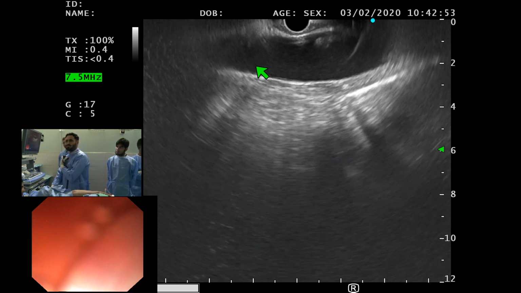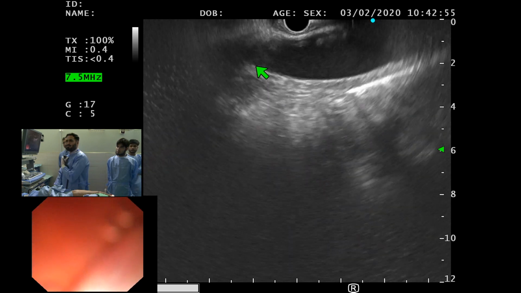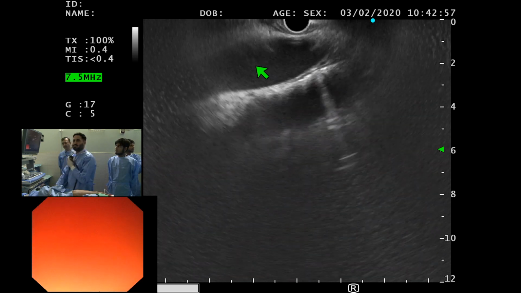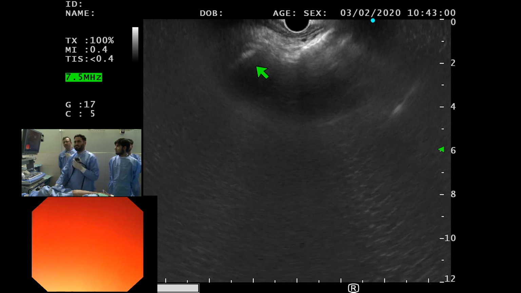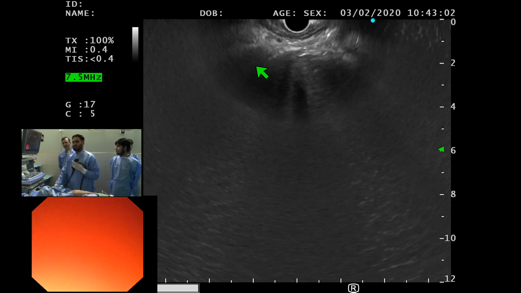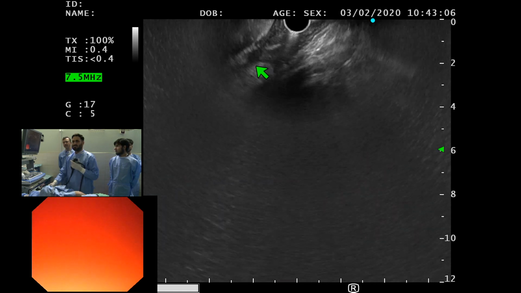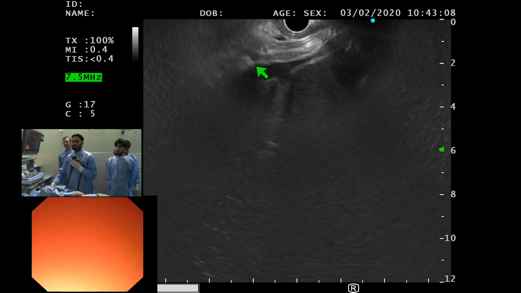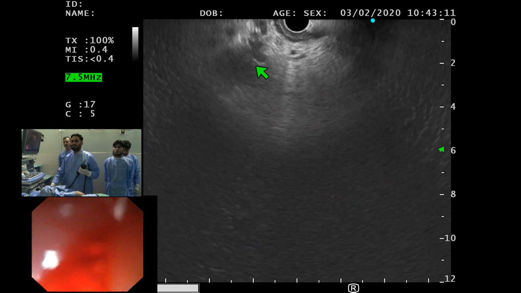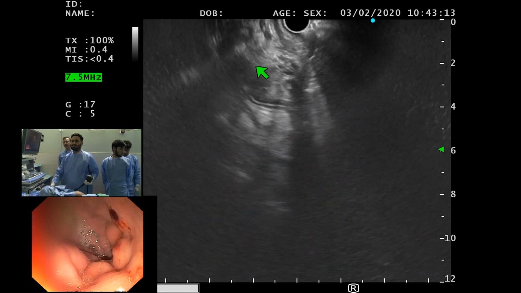Go ahead. Slide along. If you're feeling that you're stuck in the hiatus, just cross the hiatus, find something which is recognizable, and then according to that recognizable structure, identify the rest of the structures. Okay, fine. You could see that there's liver, fine.